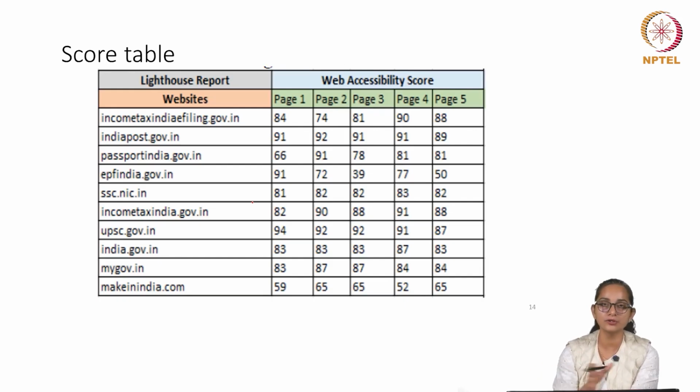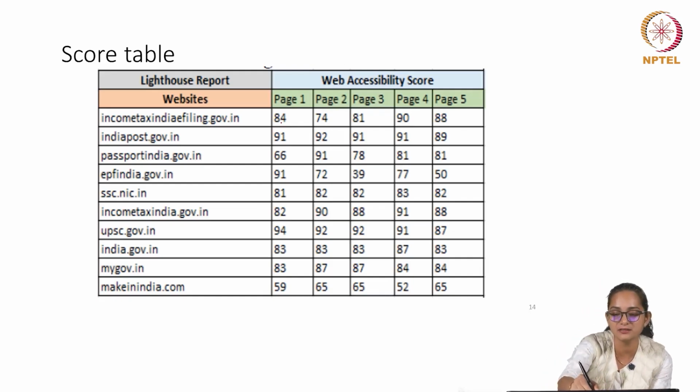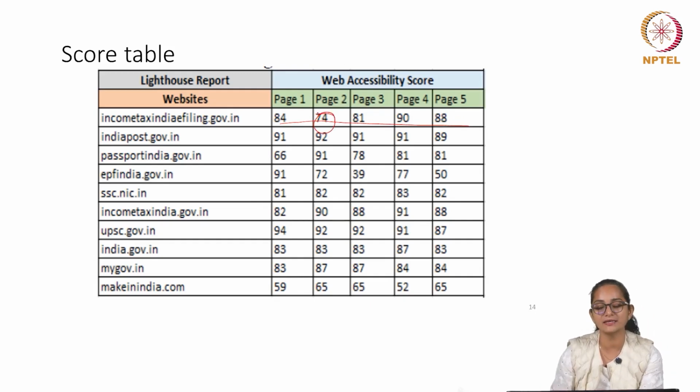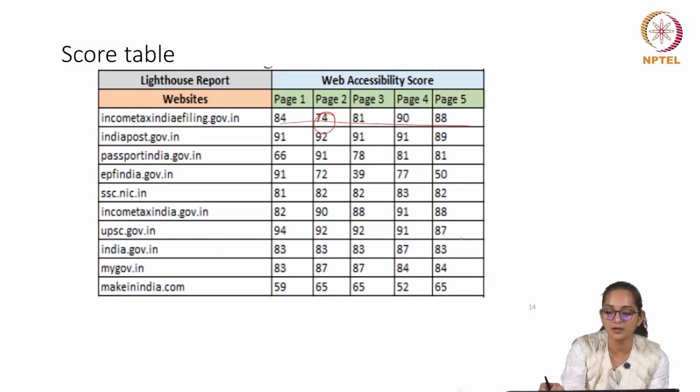We'll do a tutorial after the session as well, but let's first understand what a score means before actually generating a report for our work. For example, Income Tax India e-filing, gov.in, had reasonable scores, with only one page below 80. Some of them are really good.